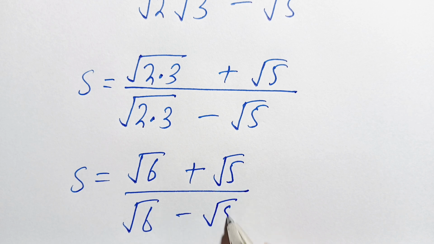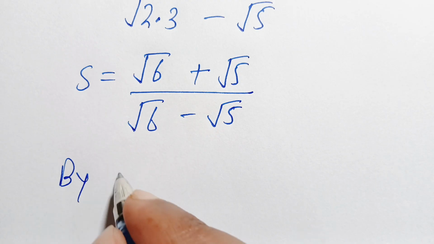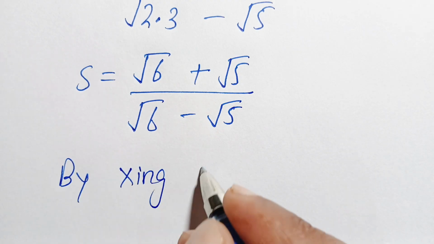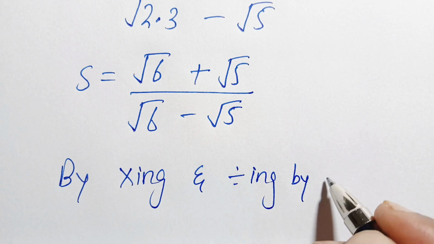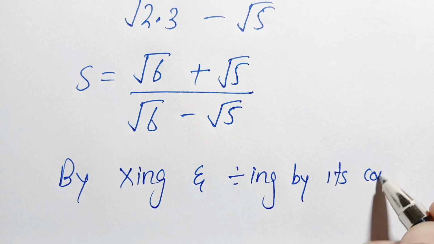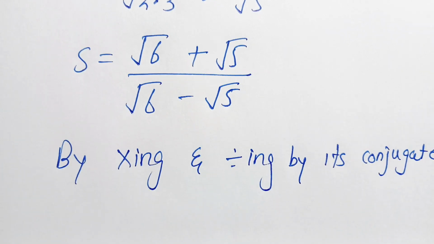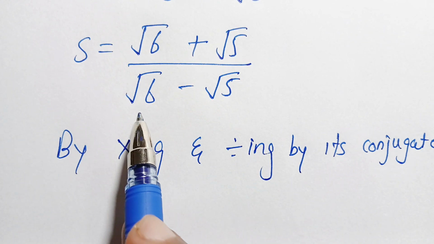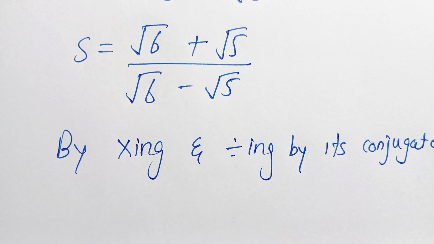Now by multiplying and dividing by its conjugate, here the conjugate of square root 6 minus square root 5 is square root 6 plus square root 5.